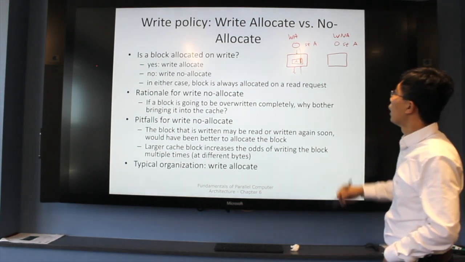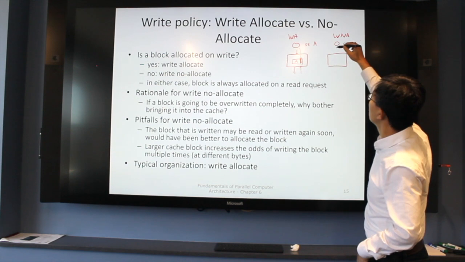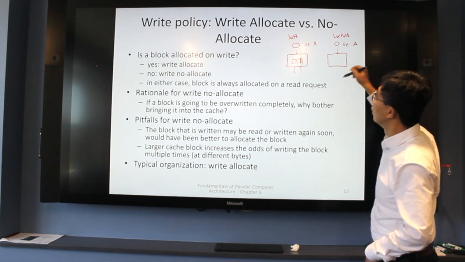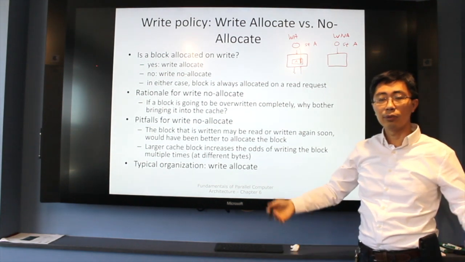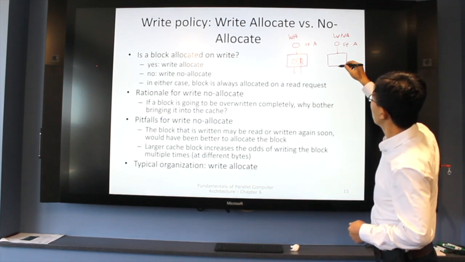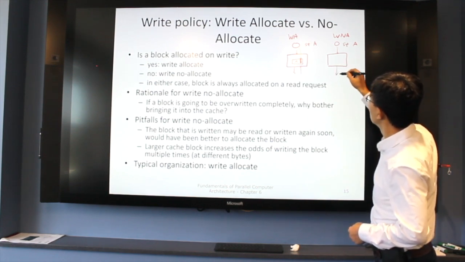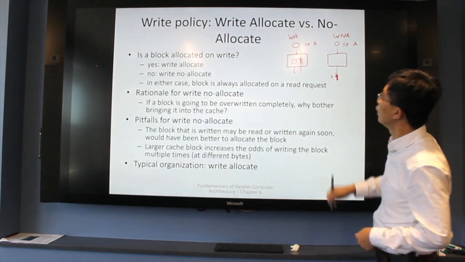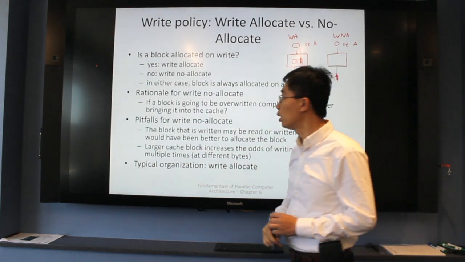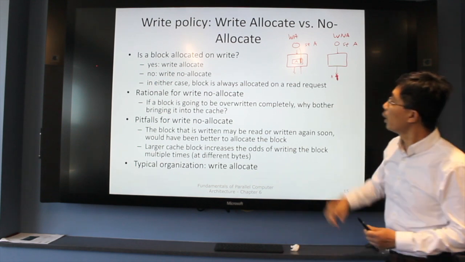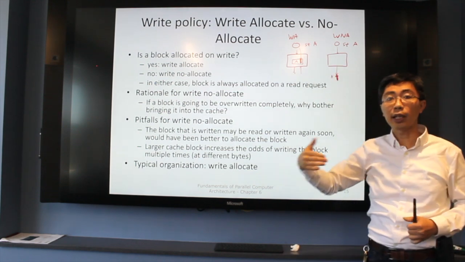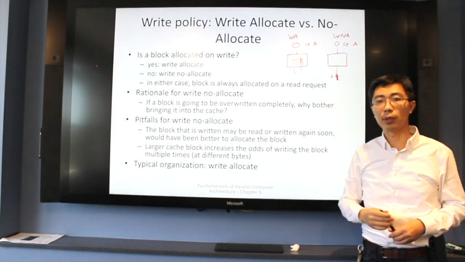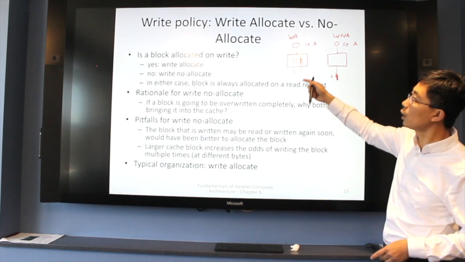In a write no allocate cache, we don't do that. Here is the store. If we don't find it in the cache, we just keep going and then overwrite A in the memory. So A will not be found in the cache after the store completes, whereas with write allocate we will find it.